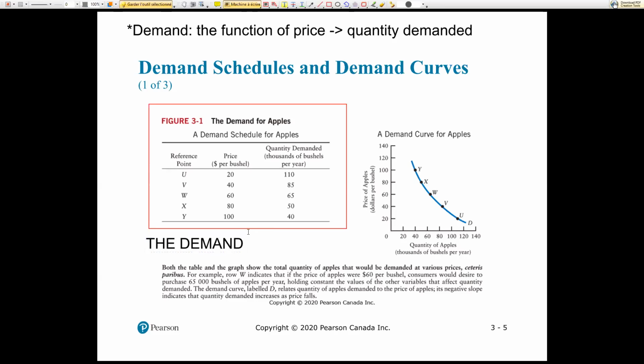I have a question. For instance, let's say someone wants to start a business. He doesn't know the quantity demanded number. How does he know how many products he's going to sell?